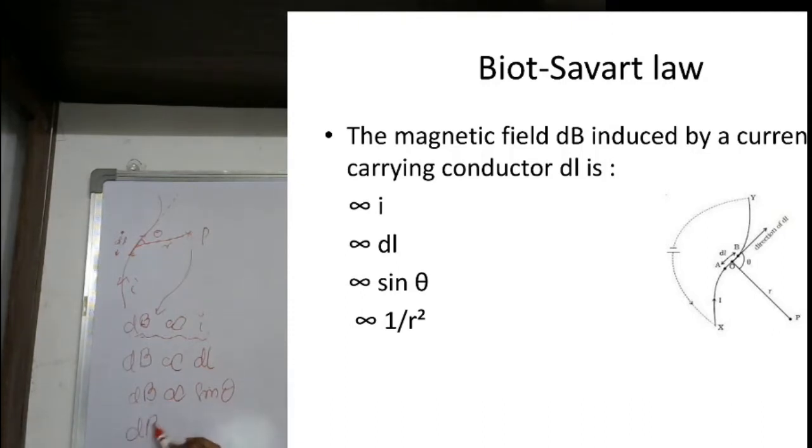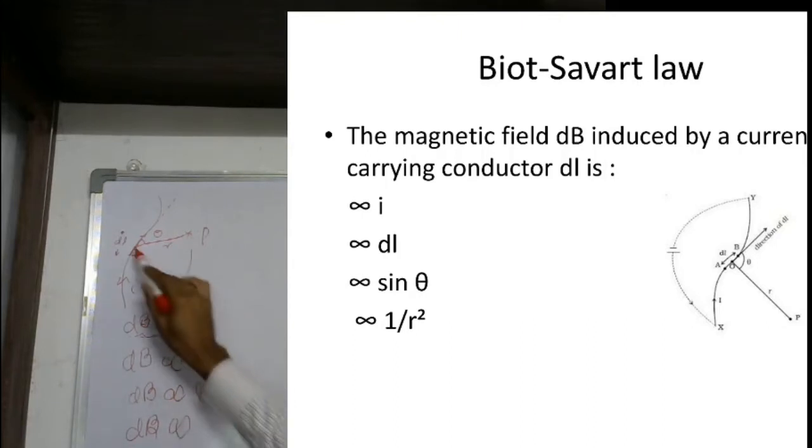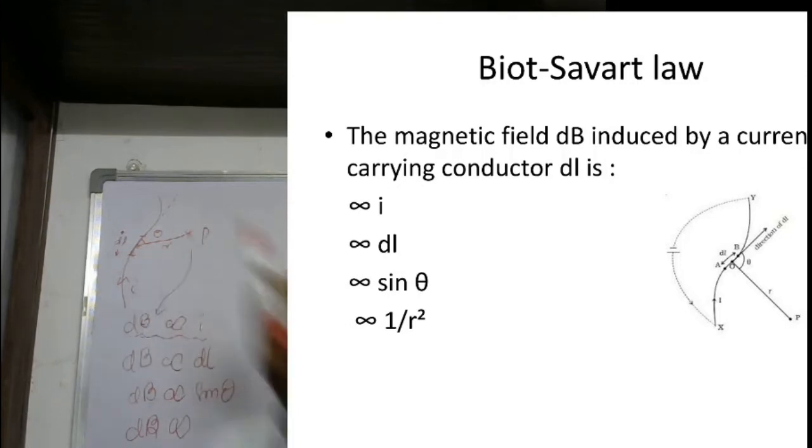Okay, right. Next, what other factors are found to influence dB? Finally, people found that dB is also influenced by the length r. That means where the point is located from the conductor. If your point is far away from the conductor, it is most obvious that the induced field may be very small. Why? Because you are moving away from the source current or the conductor. That too, it varies as r square.